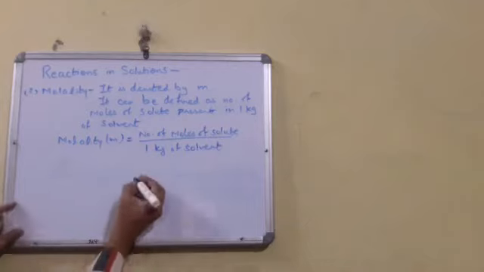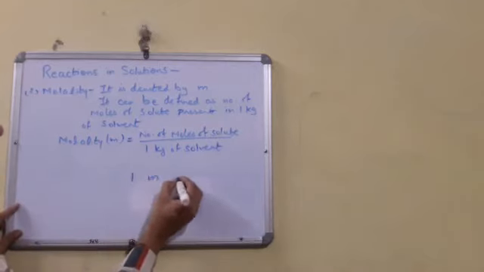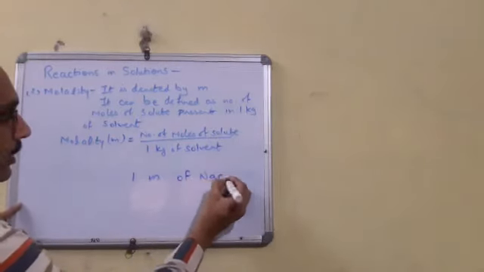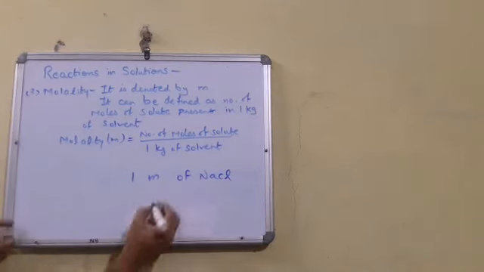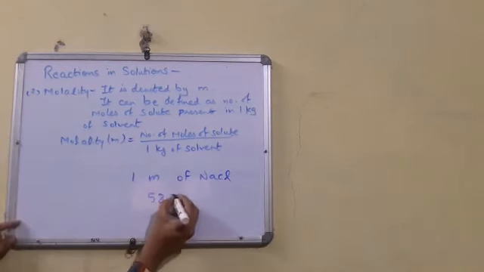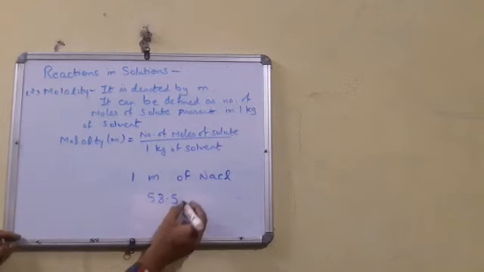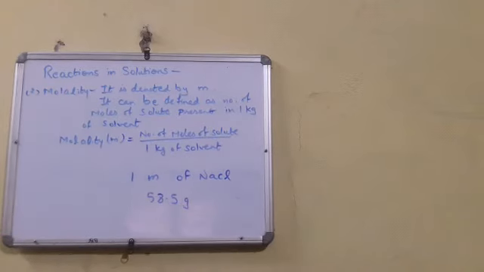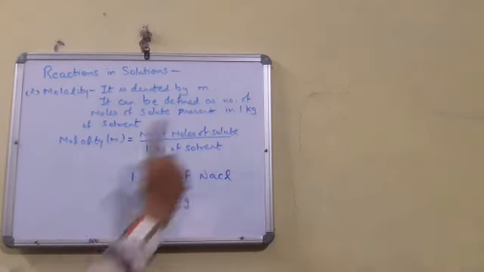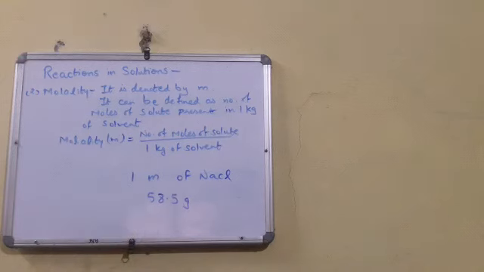That means 1 small m of NaCl. What is the meaning of this? It means 58.5 gram. Fine. Now it is number of moles of solute, 1 mole of NaCl. That means 58.5 gram of NaCl is dissolved in 1 kg of solvent. Understood?